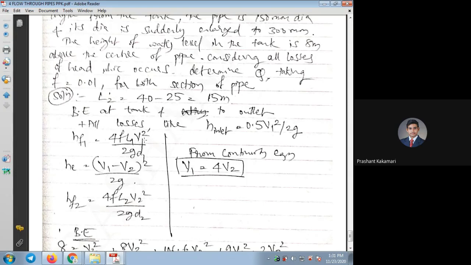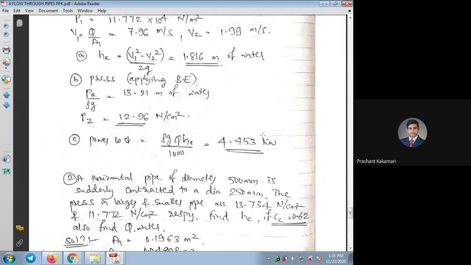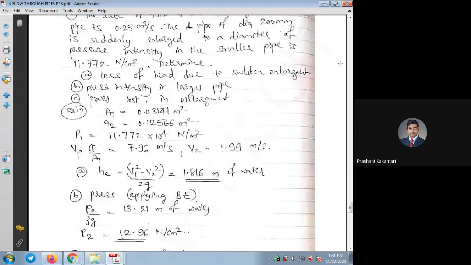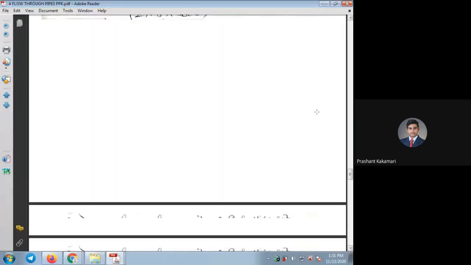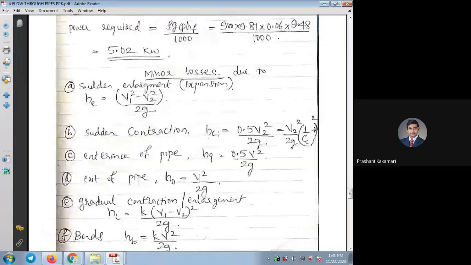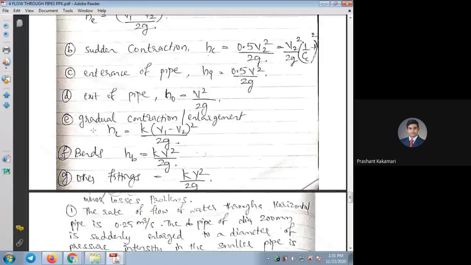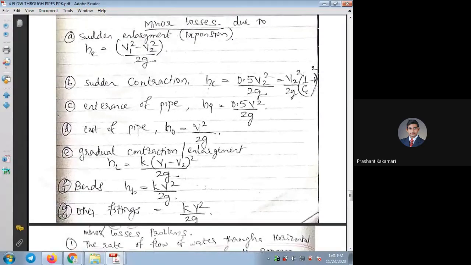Sudden contraction of the pipe at the inlet side, that we have considered as 0.5 V1 square by 2g. So that is mentioned in this theory point, this equation. Sudden contraction or pipe connected to a tank, that is 0.5 V2 square by 2g.